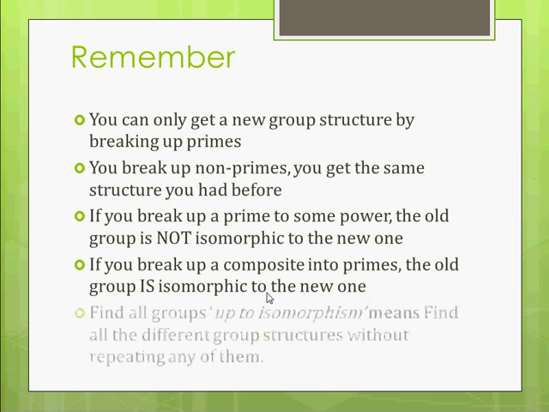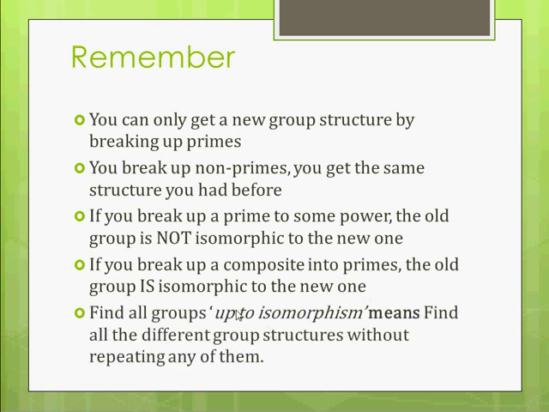And lastly, finally, this phrase "up to isomorphism" drives me crazy, or it used to at least, because people just throw it around. I'm not saying that about my professors or anyone in particular. It just seems like people tend to say that without understanding what it really means.